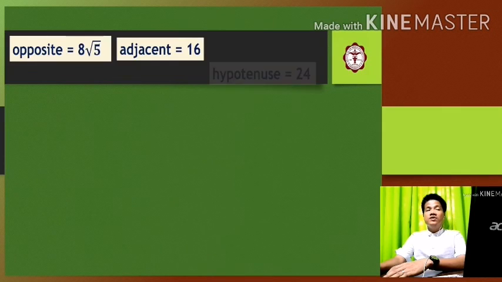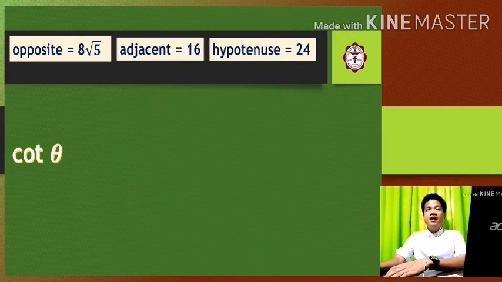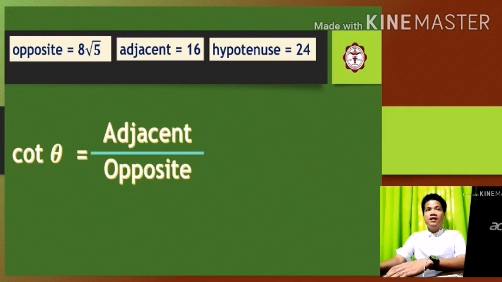Solving for the last function, cotangent theta, we will now have adjacent side over the opposite side, and that is equal to our adjacent side 16, our opposite side 8 square root of 5. Okay, that will give us in simplest form 2 over square root of 5.